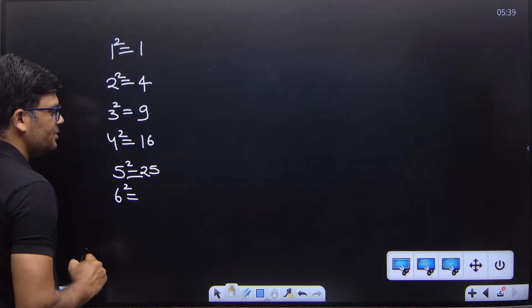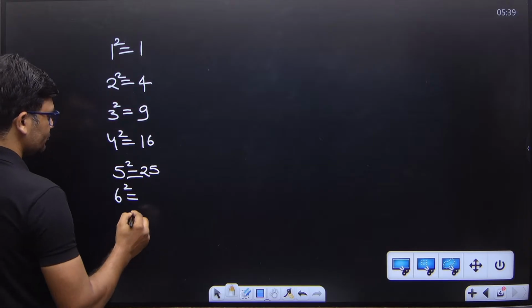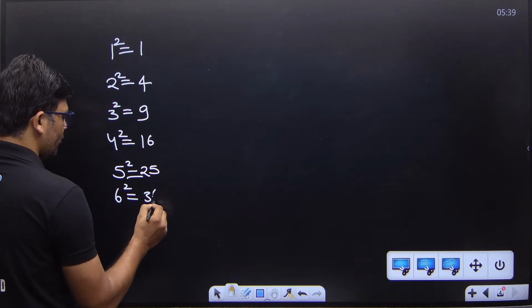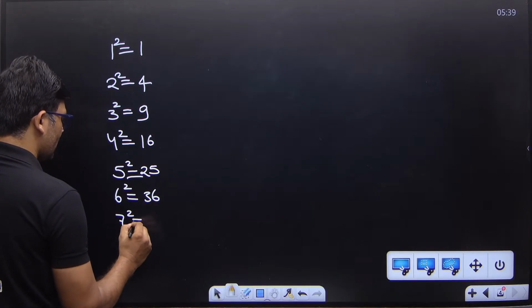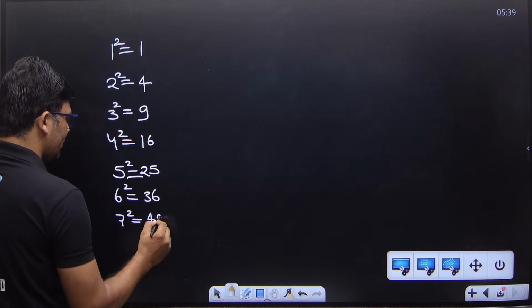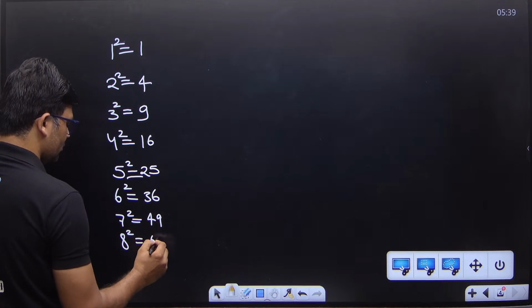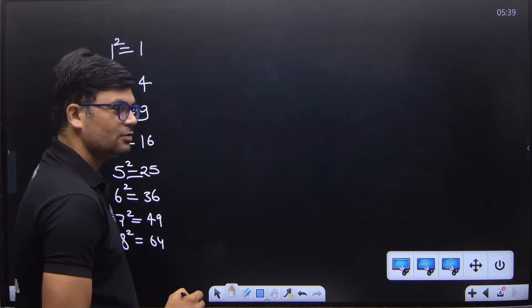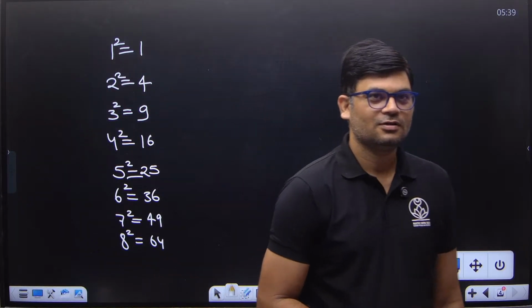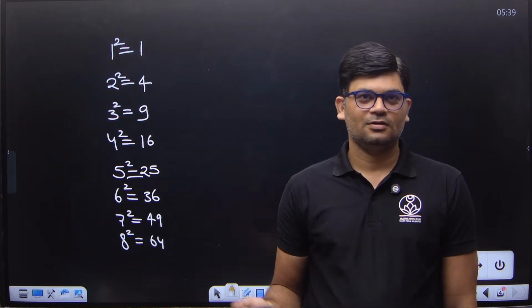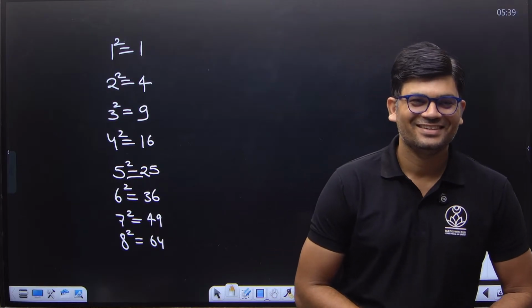Can you tell me what is 6 square? 36. Very good. What is 7 square? 49. What is 8 square? 72. No, sorry, not 72, 64. Wait, can I write this before answering? Okay, fine.